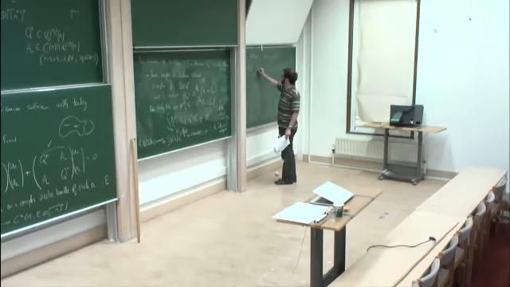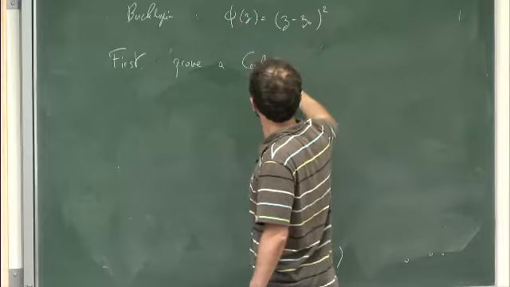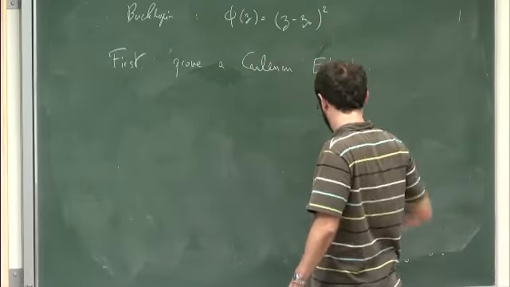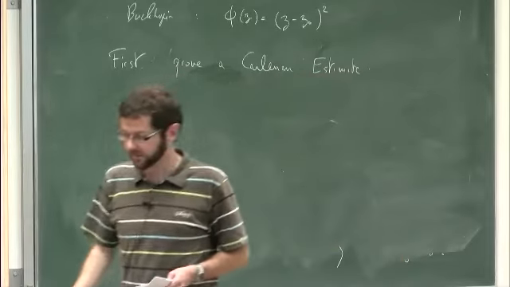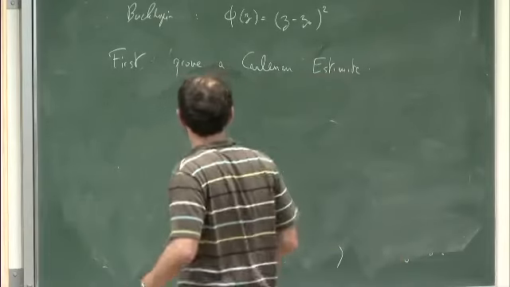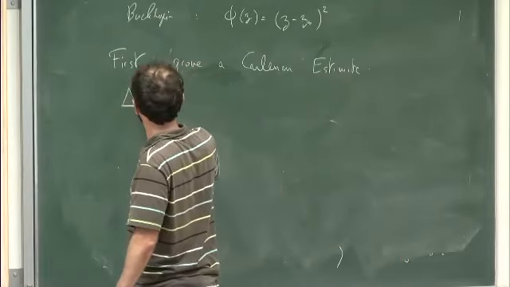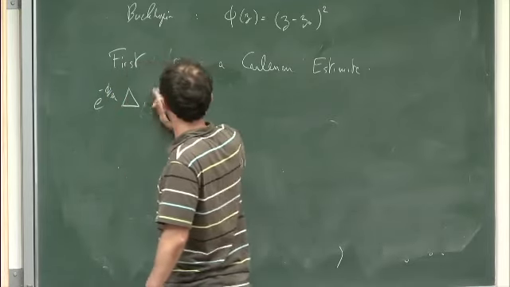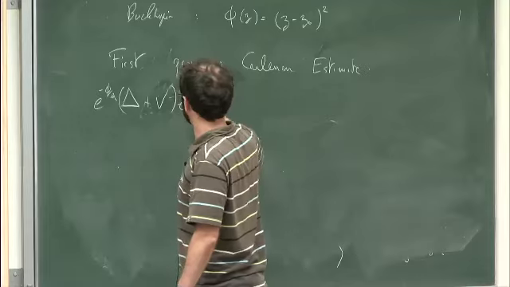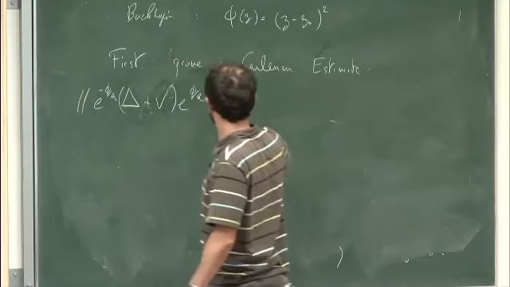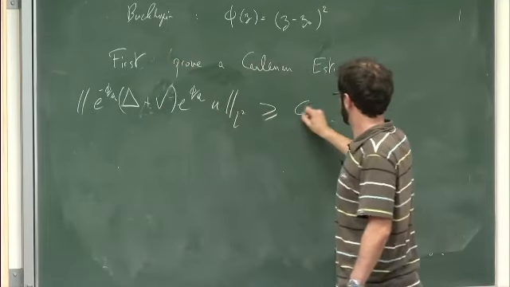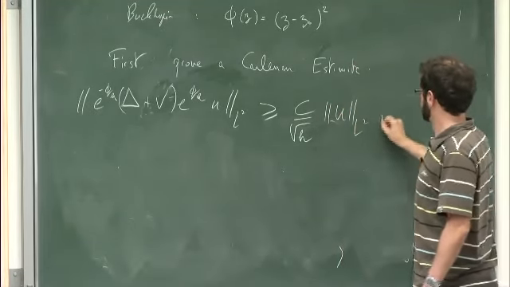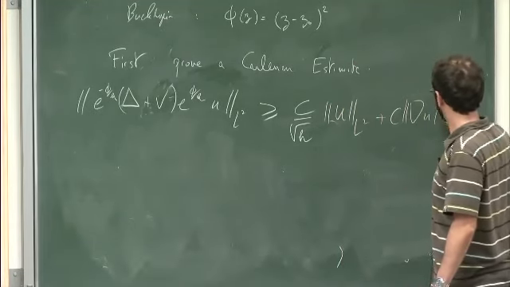So the way you can think of the construction is maybe by first proving a Carleman estimate. In this case, you can actually show the following: the L2 norm of u plus a constant times the gradient of u.